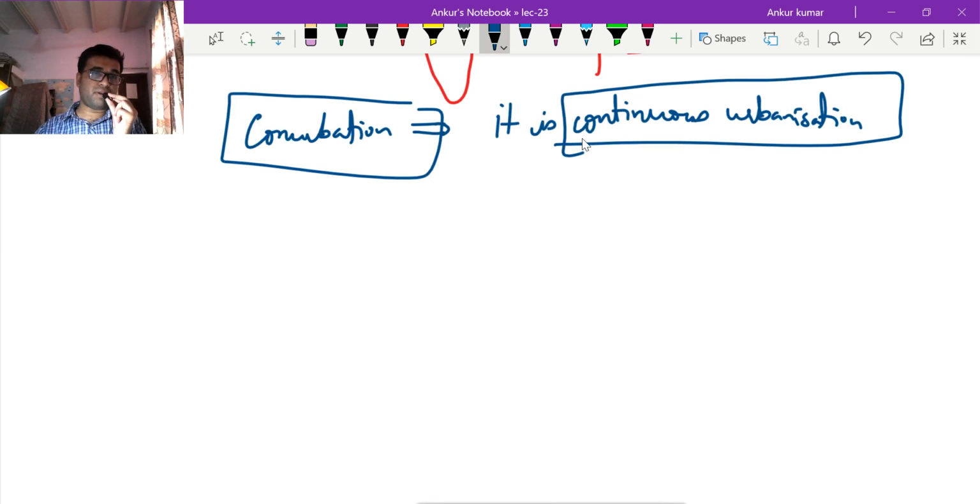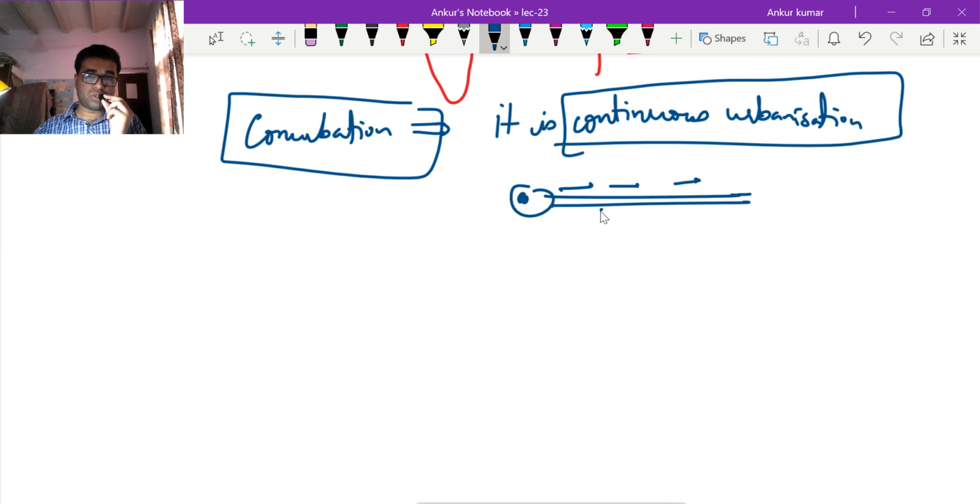Now, continuous urbanization may happen along one city. For example, let us say this is one city, and this is the main road, which is moving out of the city. Now, the development started along this road. This is the uni-nuclear conurbation. Now, if the conurbation develops between two major cities, that is the binuclear conurbation. This is the binuclear conurbation.